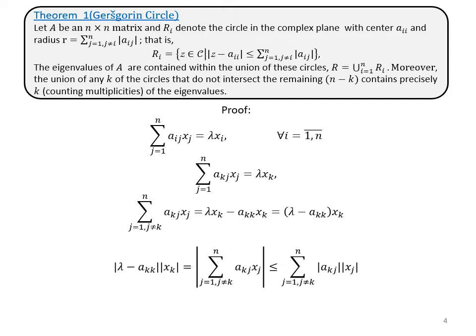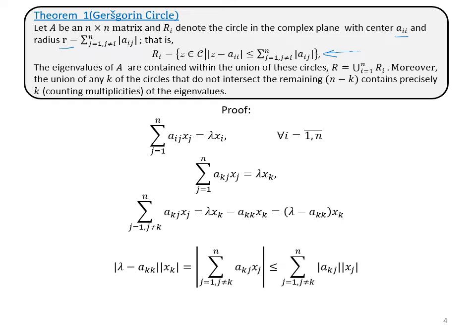Let's formulate his theorem. Let A be an n by n matrix and capital R_i be the circle in the complex plane with center small a_ii and radius small r_i, that is symbolically can be written as follows.